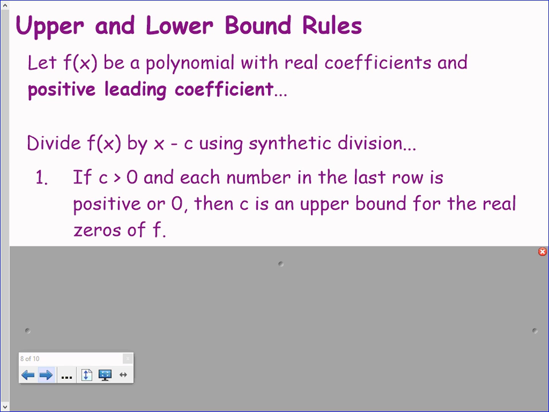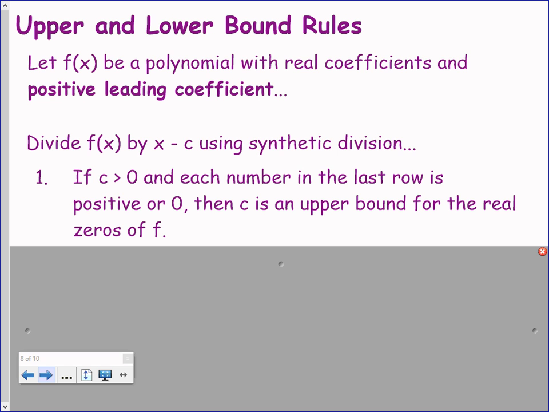If the c that you choose, so the zero from the possible rational zeros, is a positive zero that you're checking, and the following happens, then you can find an upper bound. And the following is, if c is greater than 0 and each number in the last row is positive or 0.